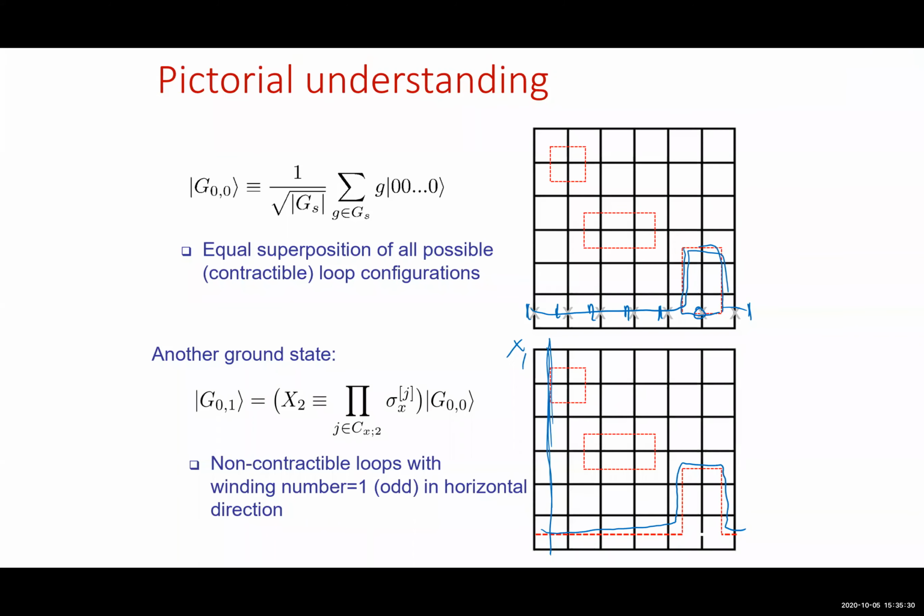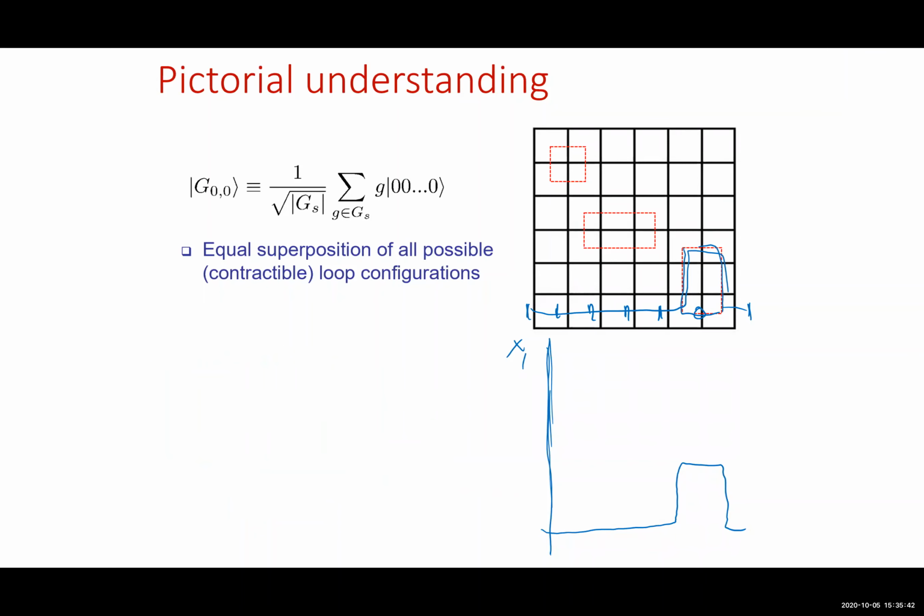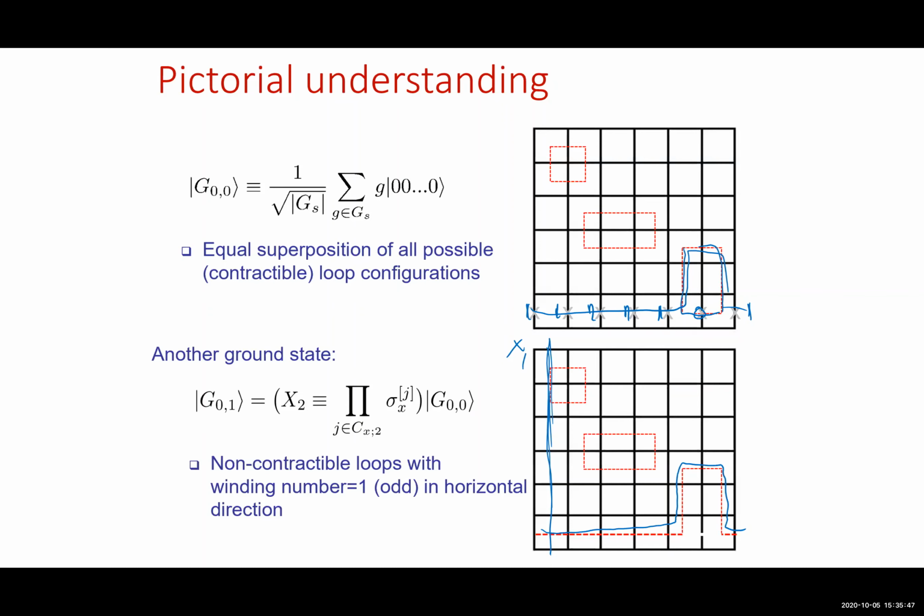Yeah. So why is X squared logical? X squared is equal to nothing. X squared is identity, right? But if we apply the logical X twice, we have 2 winding loops.